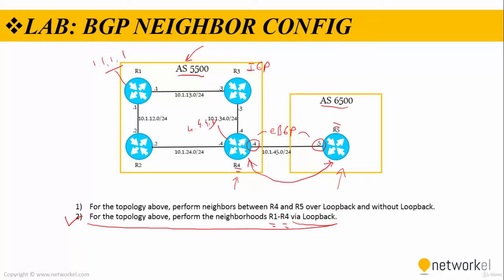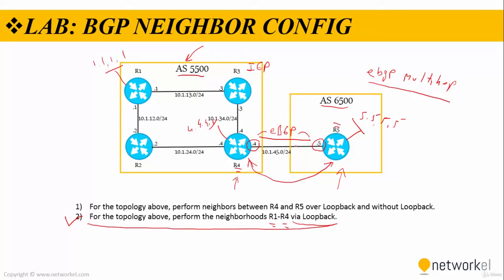If I want to make them neighbors from their loopback addresses, what I need to configure this time for eBGP is the ebgp-multihop command. Actually, eBGP peers should be directly connected, as you can see in here.